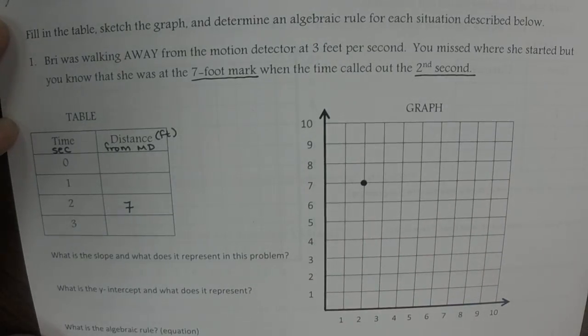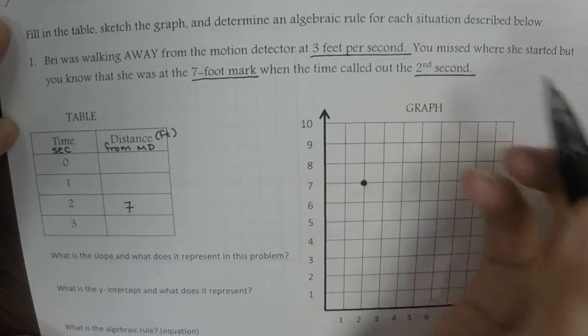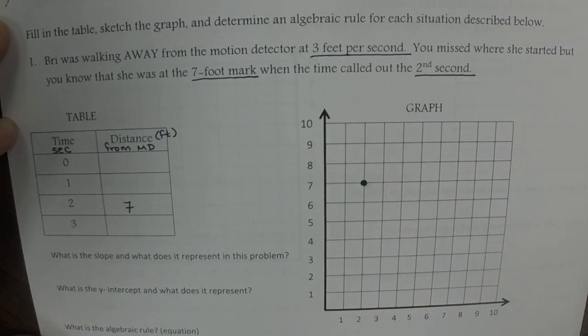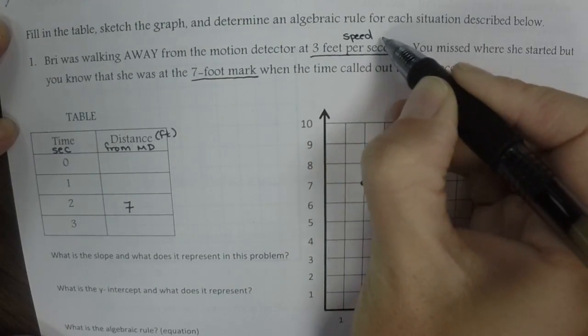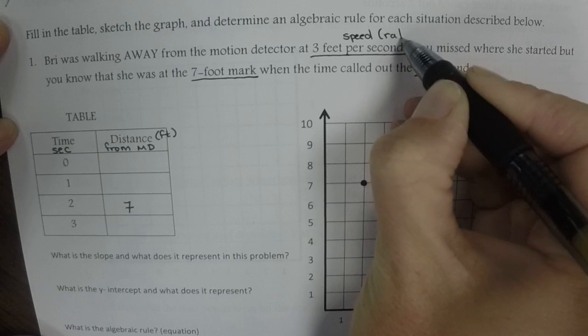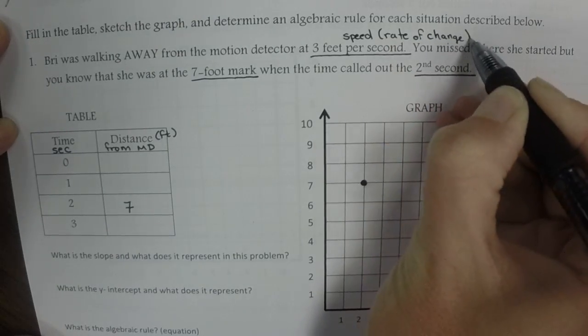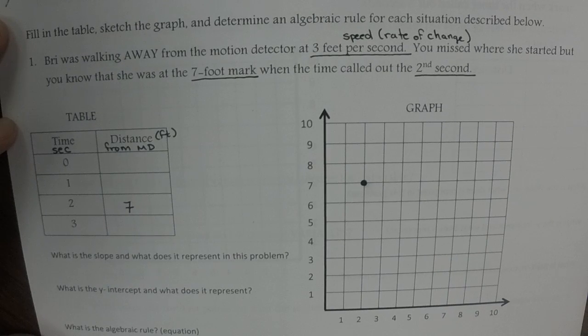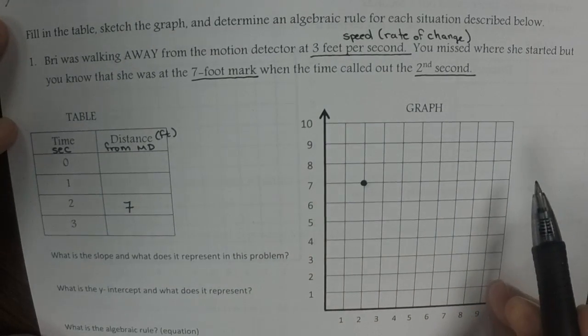The other piece of information they gave me was 3 feet per second. That would actually be her speed, or her rate of change. If she's going at 3 feet per second, that means every second that passes, she's going another 3 feet.